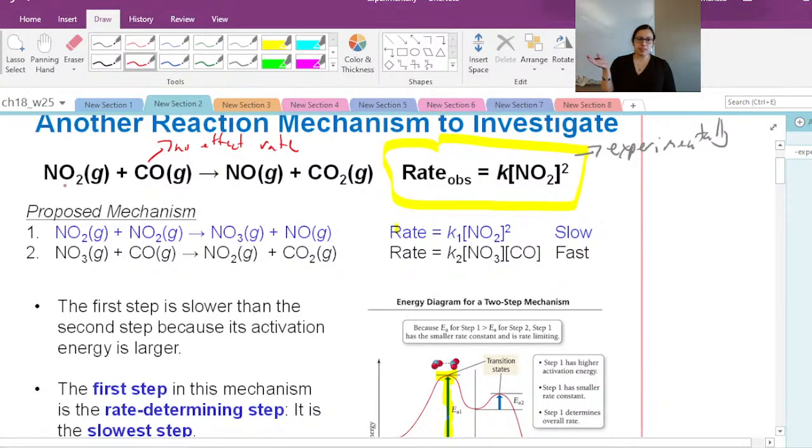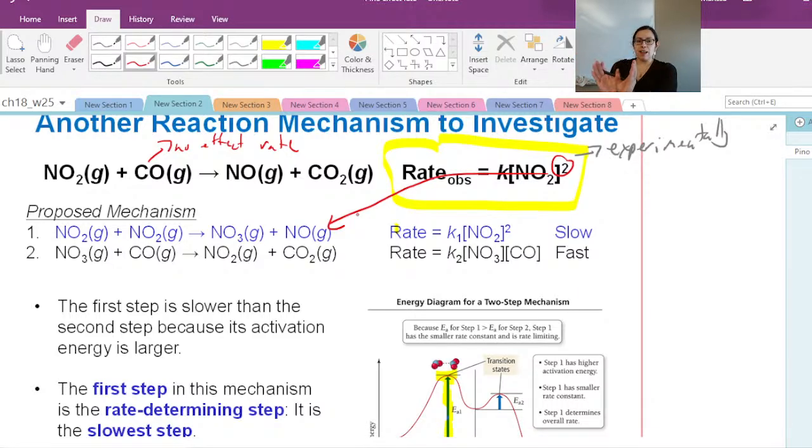And because it's second order with NO2, that's what leads to this first step of this proposal: we have to have NO2 plus NO2 reacting. That's the first step. And then notice how they put slow here. If you're not quite there, that's fine, we're going to tease this out.